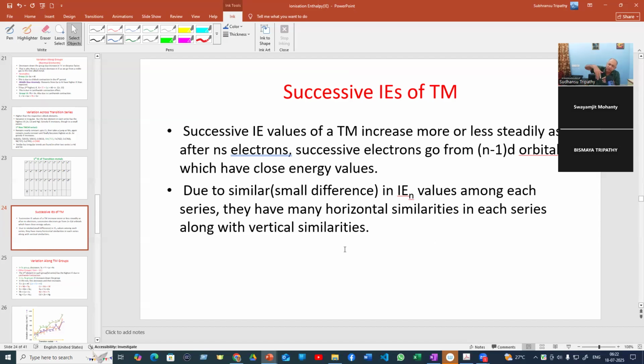In a group there will be similarity because their valence shell configurations are similar, but in a series also there is similarity because I1, I2, I3, I4 are more or less the same, or the increase is very, very less for all these elements. When I say iron, I say iron's I1, I2, I3, cobalt's I1, I2, I3, the change is very, very small.